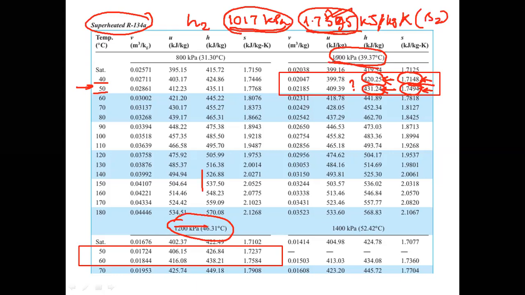That we can see by constructing one table like this. So what we will do is we will construct a table like this.